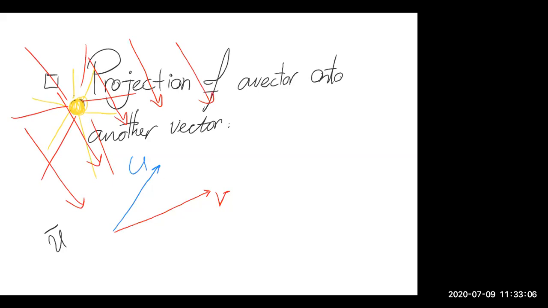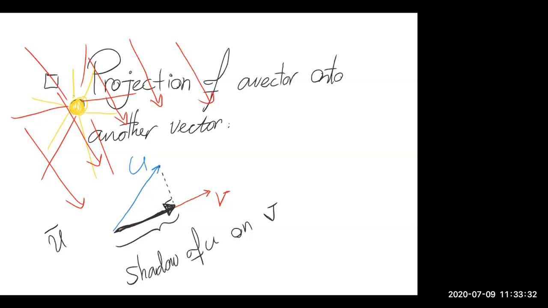We can look at the shadow of u on v. It's a new vector, actually, this shadow. This shadow is called the projection of u on v.